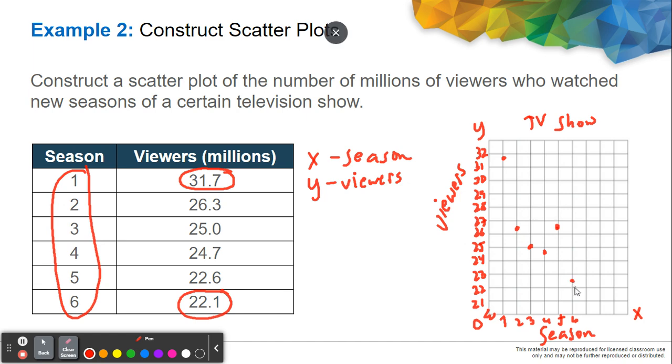Okay, so what information can you draw about this scatter plot? For the first season, everyone is excited to watch the TV show. We have 31.7, the highest, but as we move on to new seasons, the number of viewers are decreasing. So maybe the plot was not interesting anymore. That's why the number of our viewers declines for succeeding seasons.